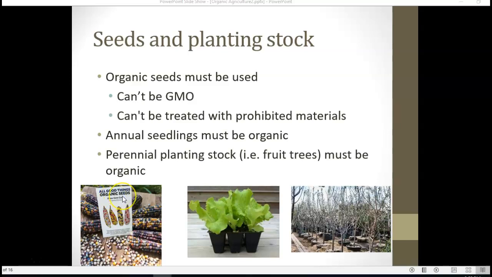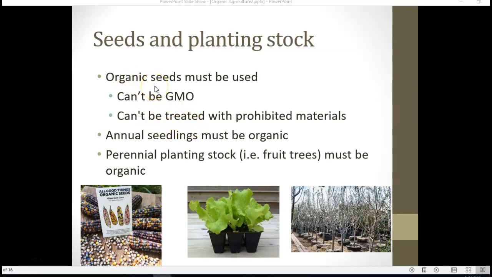You have to look at the seed packet and be sure that it's certified organic. Actually, a lot of the spinach seeds that we planted in the garden this fall are organic because we did seed saving and we raised them ourselves using organic practices. But organic seeds must be used, and they certainly can't be genetically modified. And they can't be treated with prohibited materials.